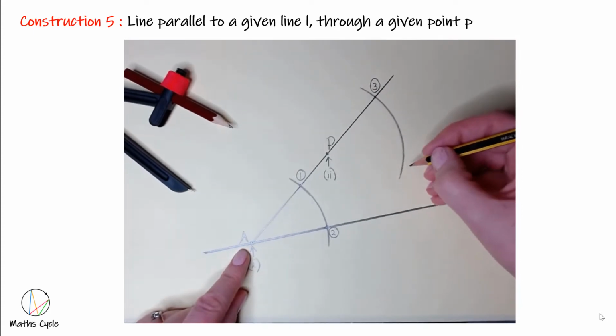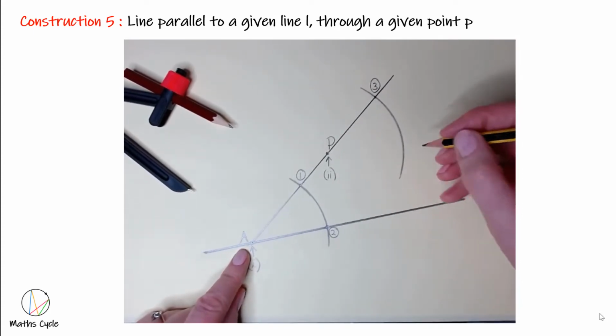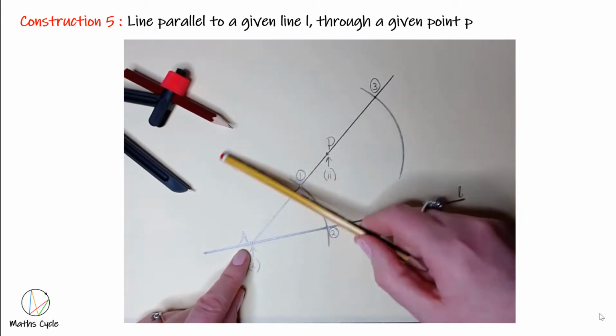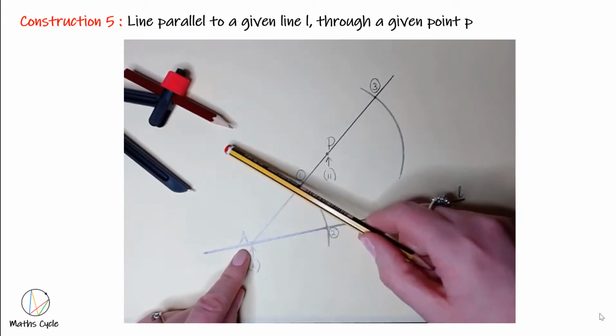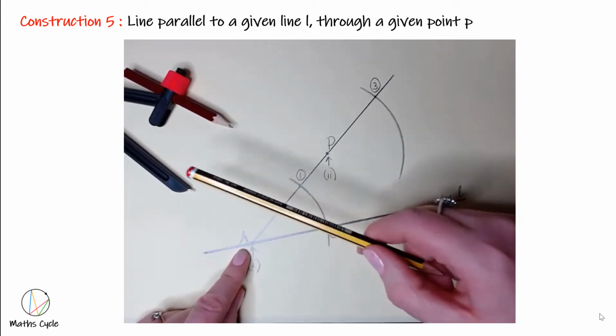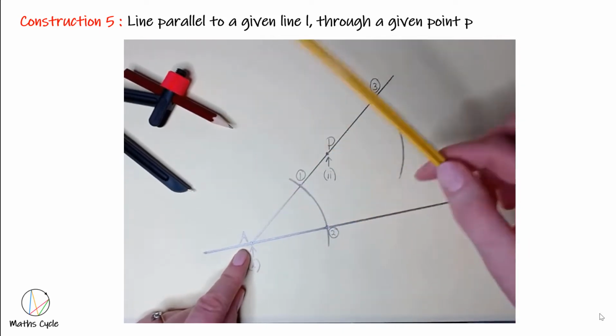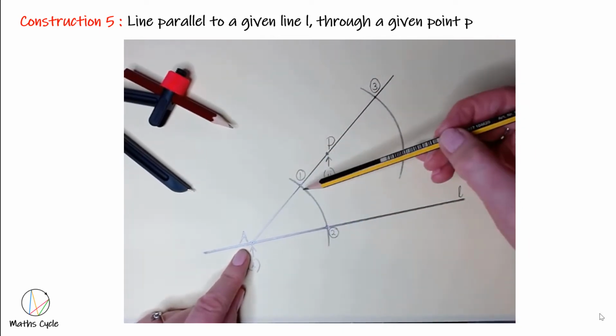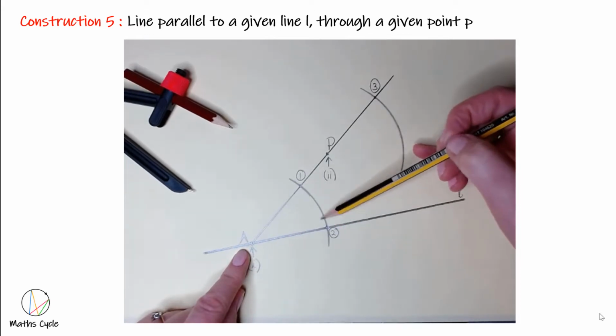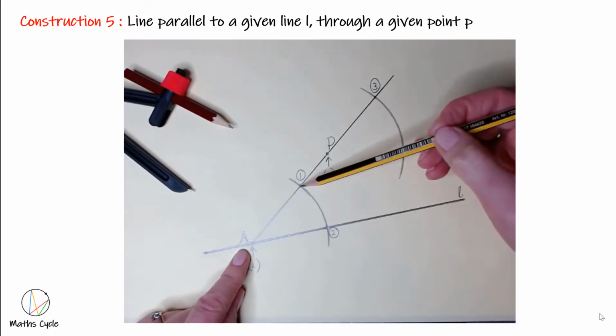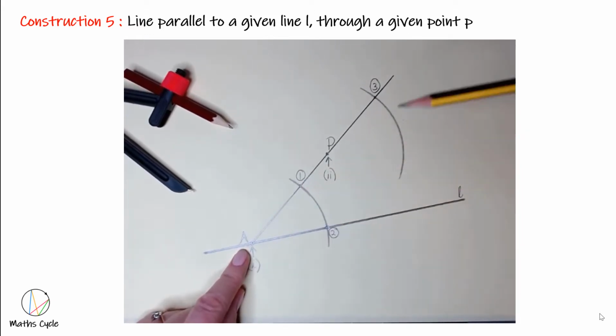Now for the last maneuver, unusually we have to change the width of the compass. I know we don't do that a lot in constructions, but in this case we have to come down here and measure between 1 and 2 and make our compass that width. The reason is we're going to mirror this situation, the 1 and 2 down here, and make a 3 and a 4.